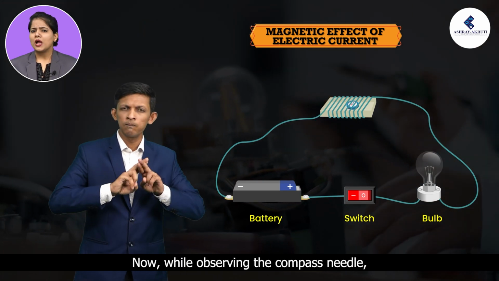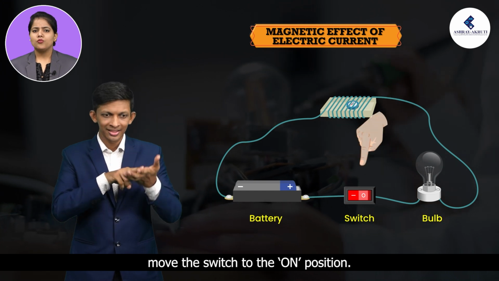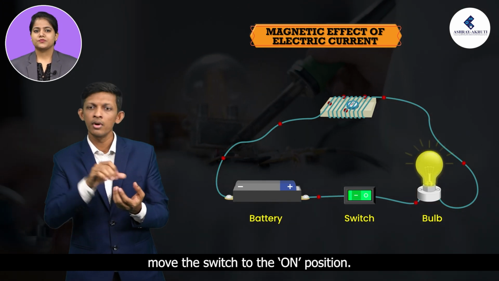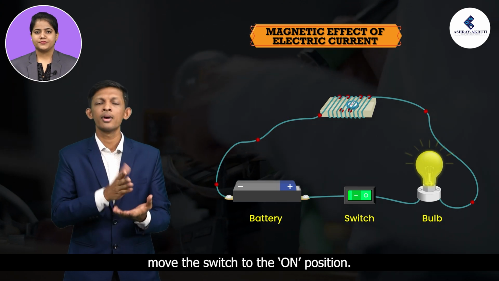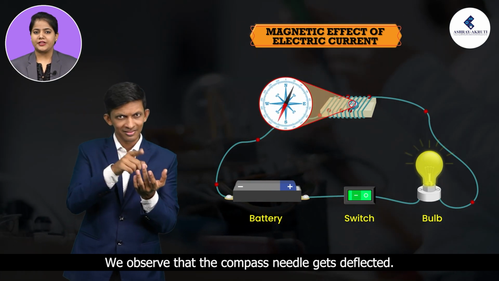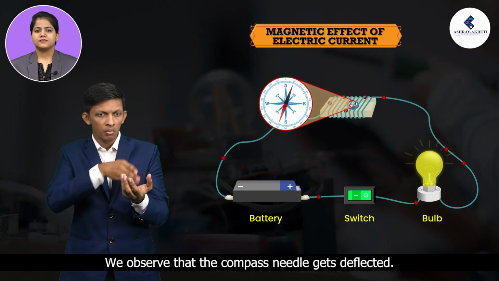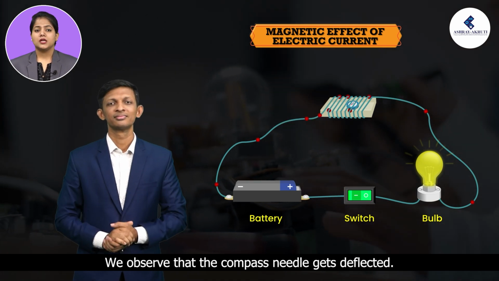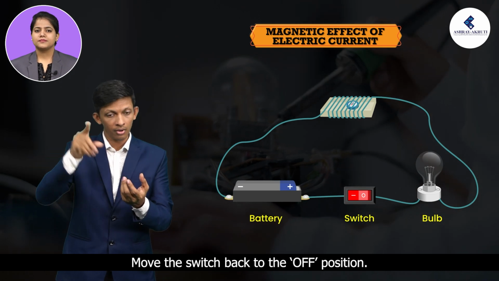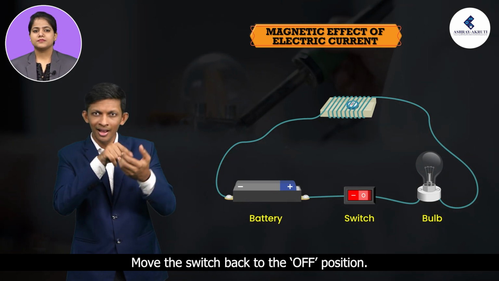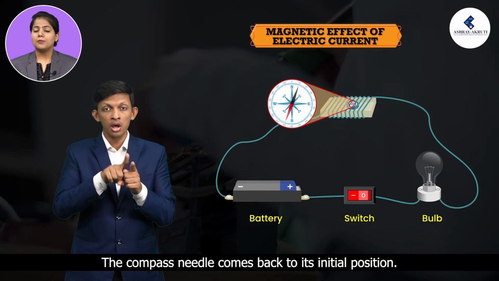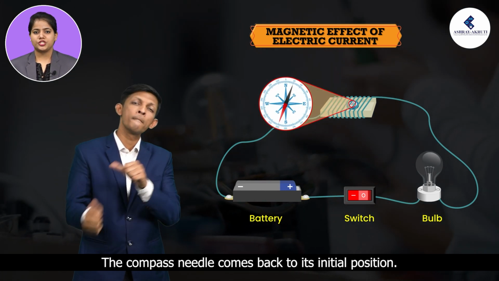Now, while observing the compass needle, move the switch to the on position. We observe that the compass needle gets deflected. Move the switch back to the off position. The compass needle comes back to its initial position.